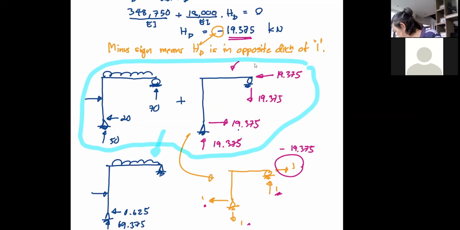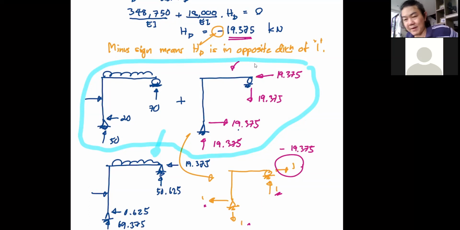So in the end, that is 50.625. And then we have 19.375. If you believe in superposition, this is done very easily.